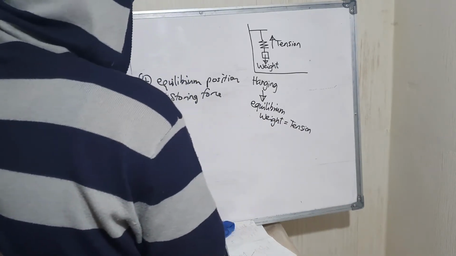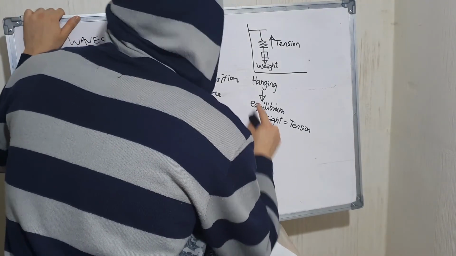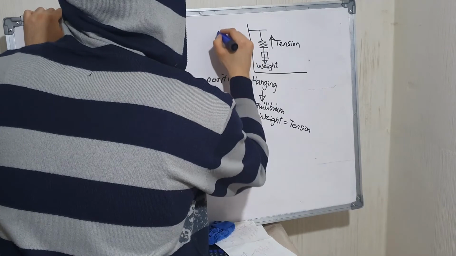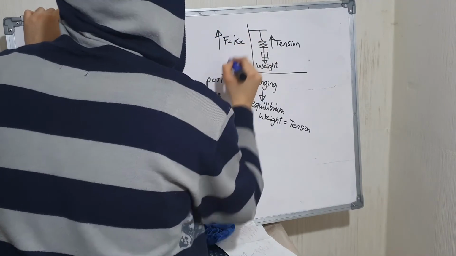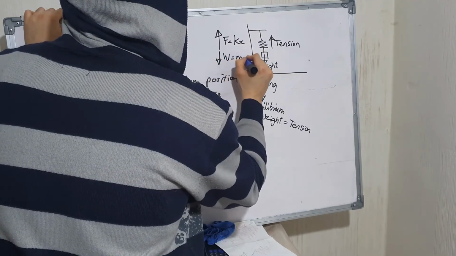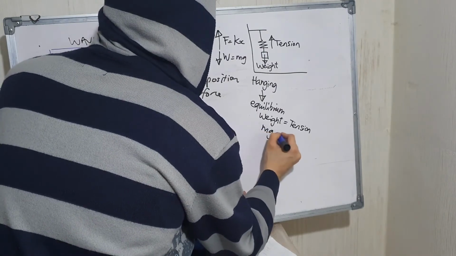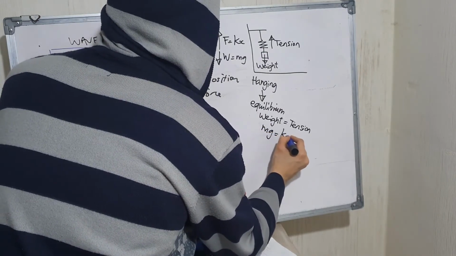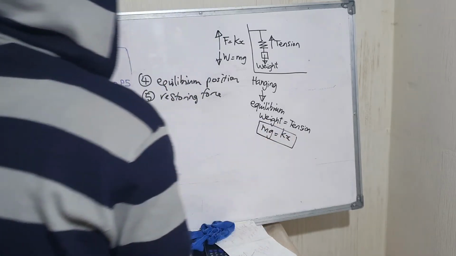Now, if you've done Hooke's law and you've done F equals ma, you can say that the force from Hooke's law is F equals kx. And then down, you can say that the weight is equal to mg. So what you could say is that mg is equal to kx.